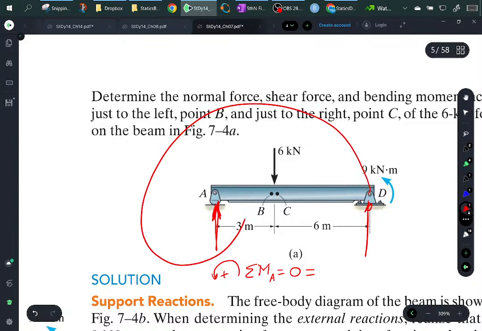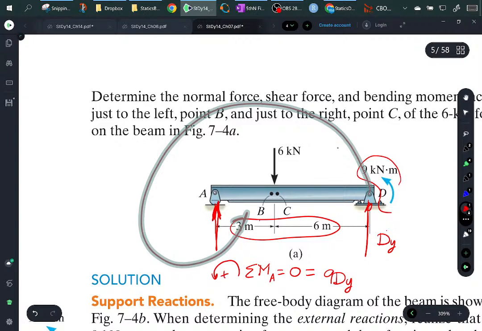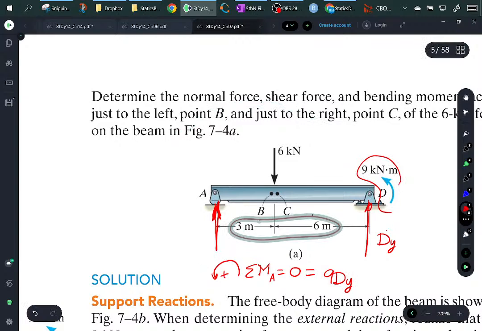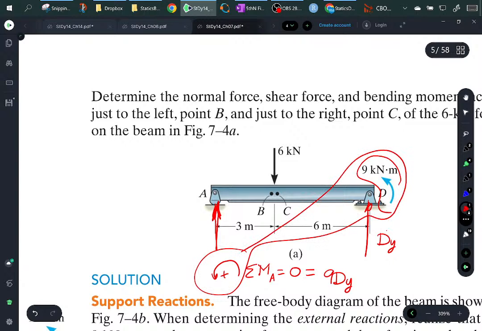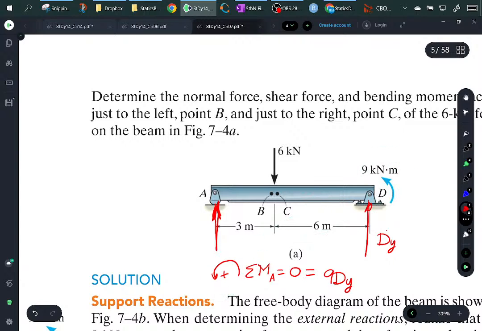This goes that way about A. So it's 9 times Dy. Then I have this moment all by itself, going in the same direction as that. So it's positive 9.